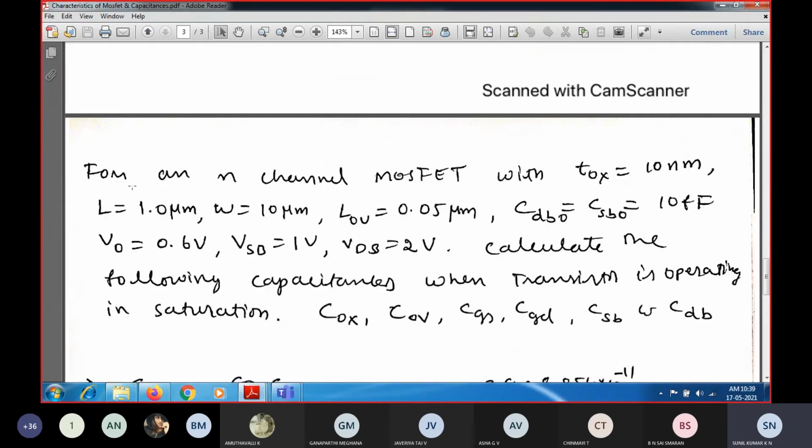For an N-channel MOSFET with oxide thickness tox equal to 10 nanometer, length L equal to 1 micrometer, W equal to 10 micrometer, overlap length equal to 0.05 micrometer, CDB equal to CSB equal to 10 femtofarad.